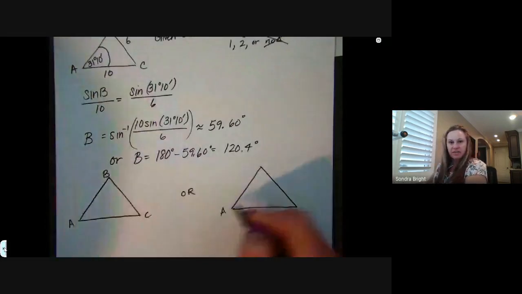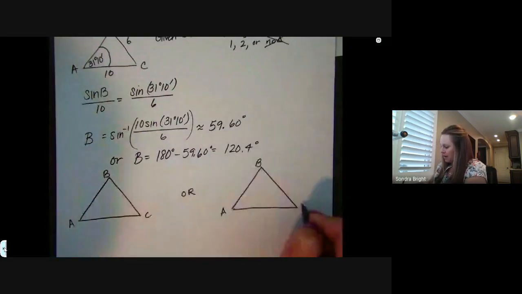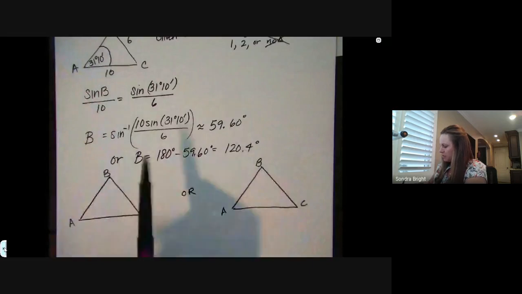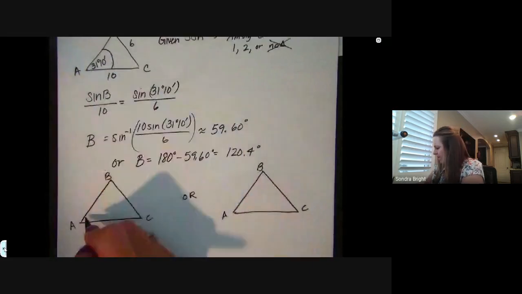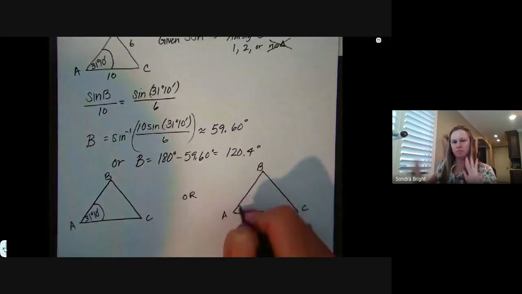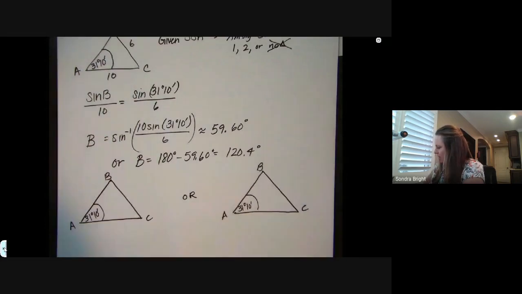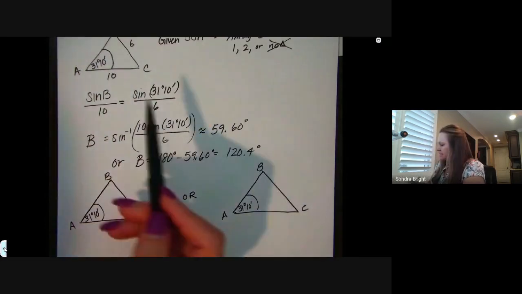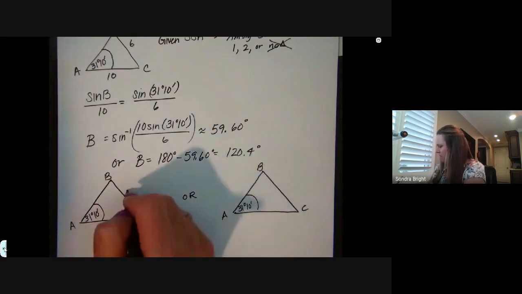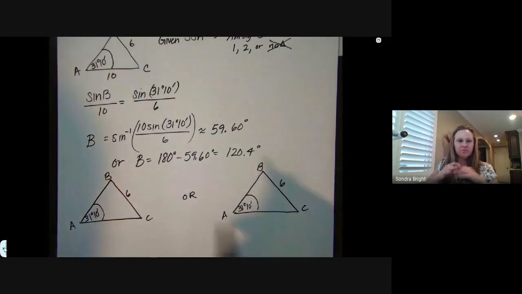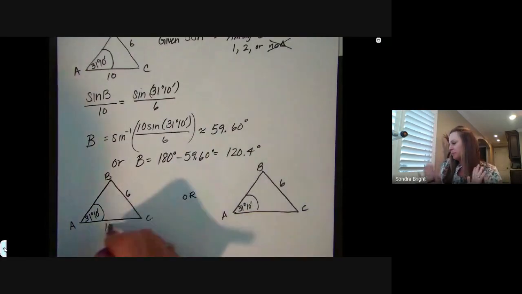What doesn't change is the information they gave me to begin with. Angle A is 31 degrees, 10 minutes on both triangles. Side A is 6 and side B is 10 on both triangles.